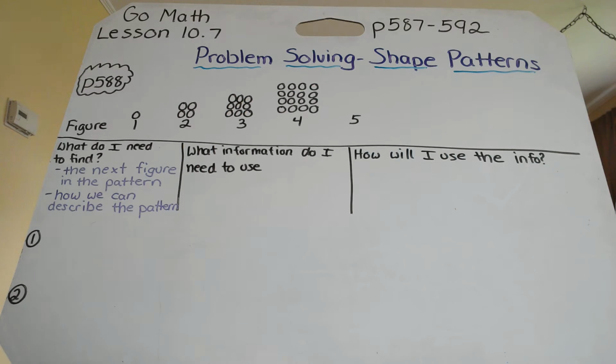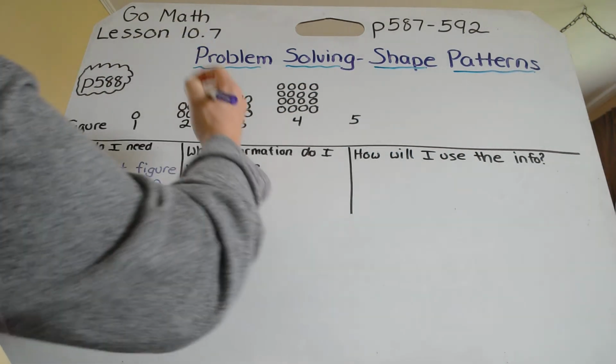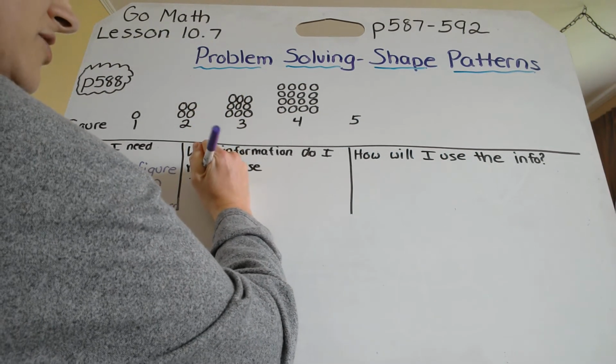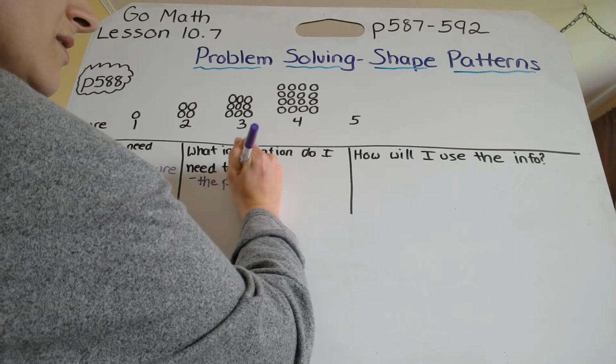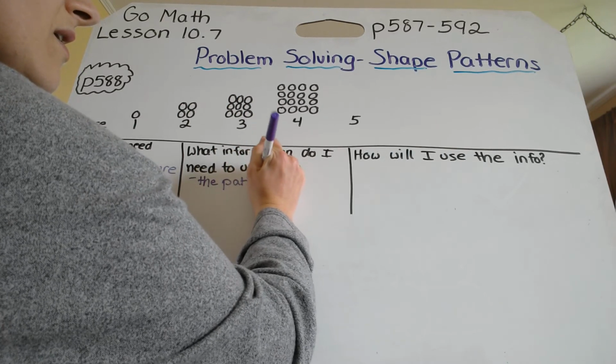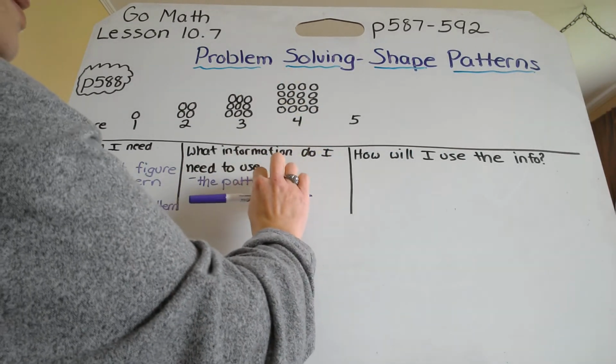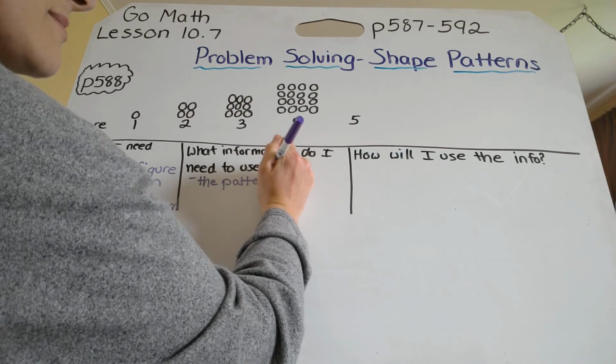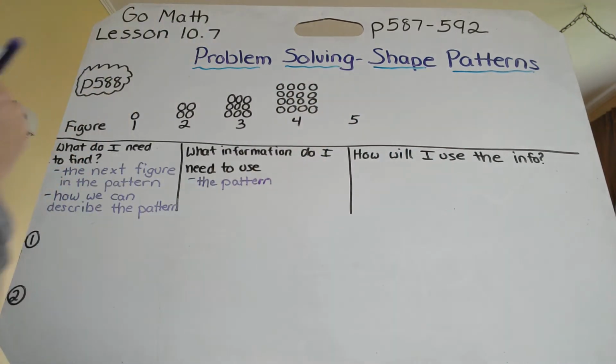So what information do I need to use? All right, guys, what information do we need to use? Yep, I heard all of you yelling. We need to use the pattern. Oops, sorry. Sometimes I connect my R's and my N's. My class yells at me all the time for that.